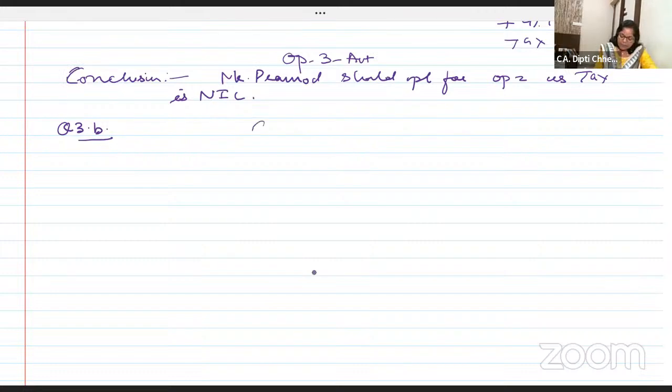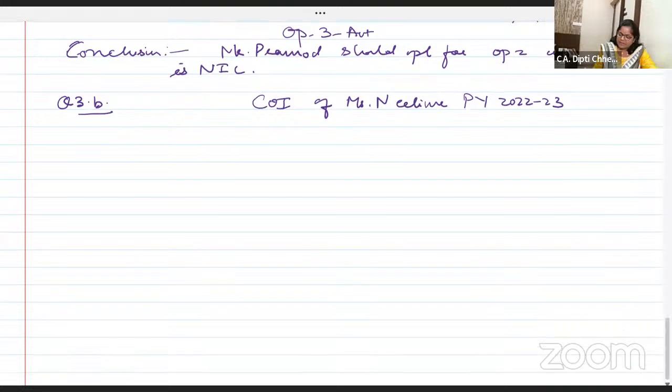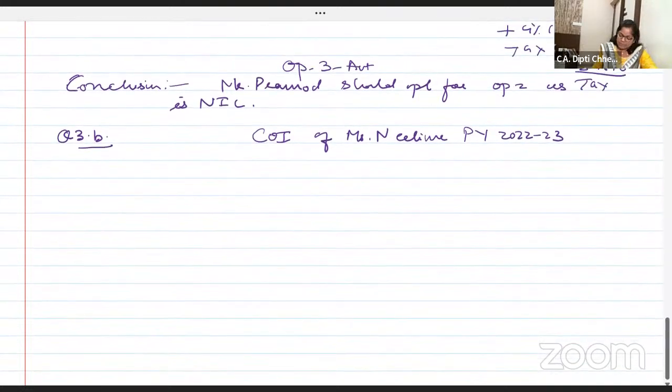Let's move ahead. Computation of income of Miss Nilima. Previous year 22-23.